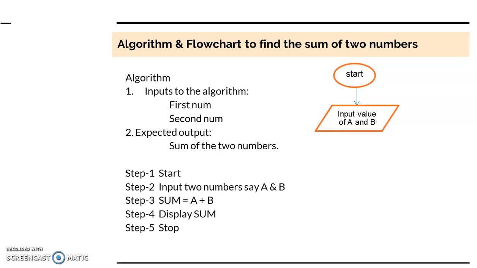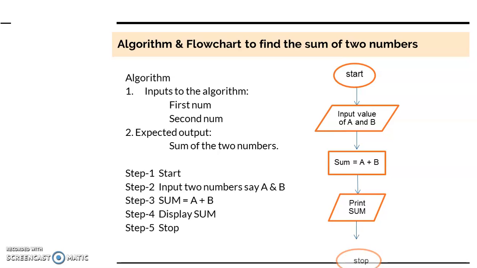Our third step is to apply an addition operation over the inputs. So this is a process, that's why we have to use a rectangle box. Step 4 is to display the sum. That means we are going to output our data, that's why we have to use a parallelogram in which we have written print sum. Then stop, our algorithm stops. So this is all about flowchart and algorithm.